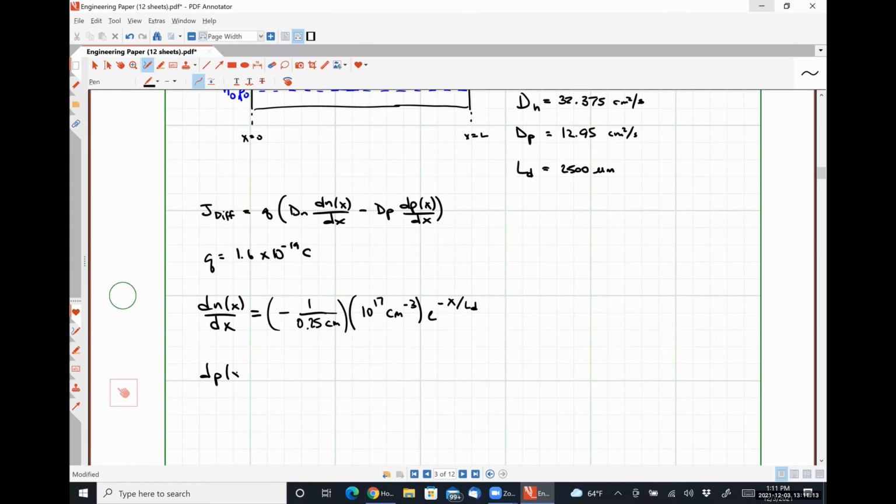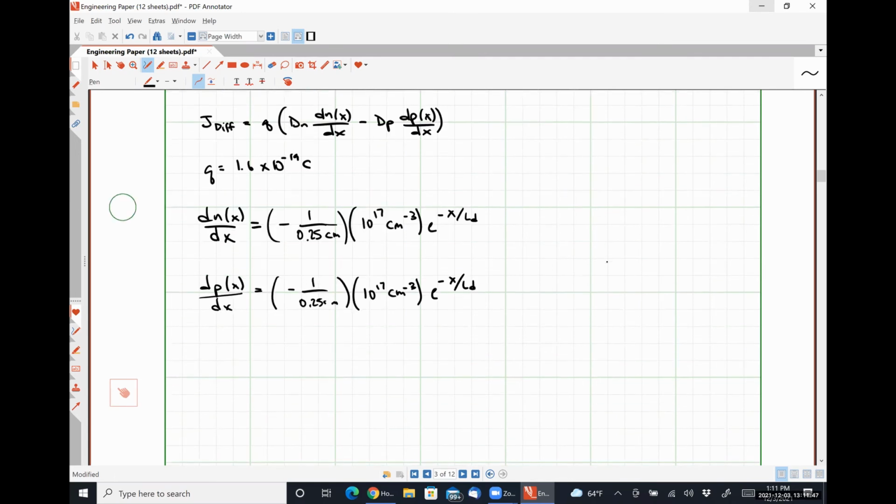Similarly, dp by dx, since we have the exact same exponential portion of the concentration level, we should get the same result there, right? So that's also going to be negative 1 over 0.25 centimeters times 10 to the 17 per cubic centimeter, e to the negative x over LD.